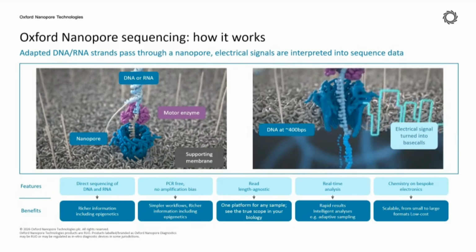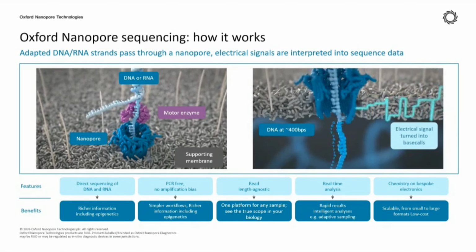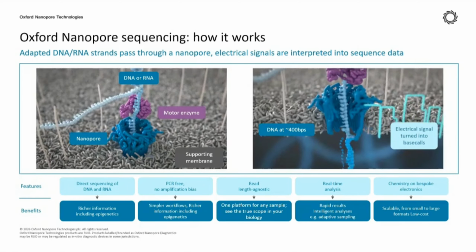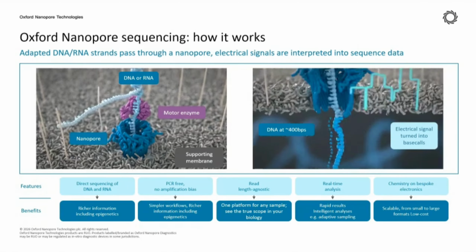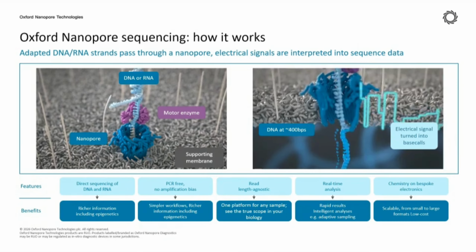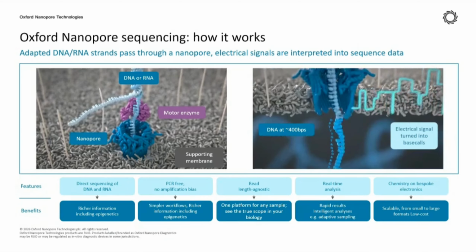The C and the methylated C might have slightly different electrical signals, so we can directly get the base information and also the methylation information from one sequencing run.